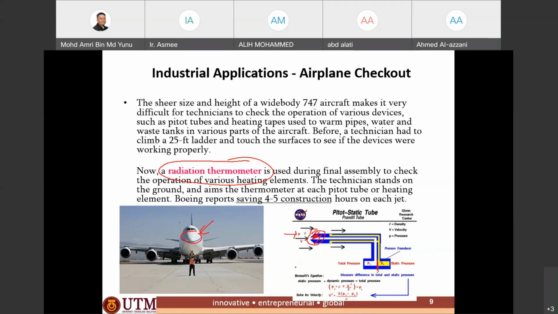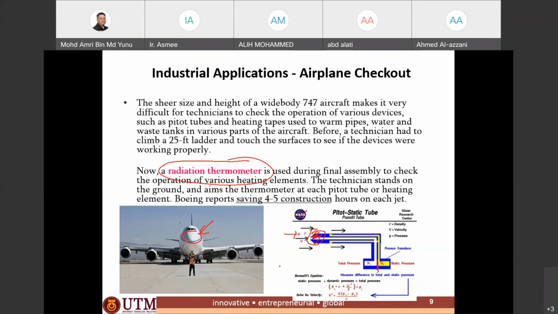the inspection time, they can use a radiation thermometer, without having to, if they use a contact thermometer solution, climb or elevate using a crane very close to the pitot tube. That will create a time delay, basically.